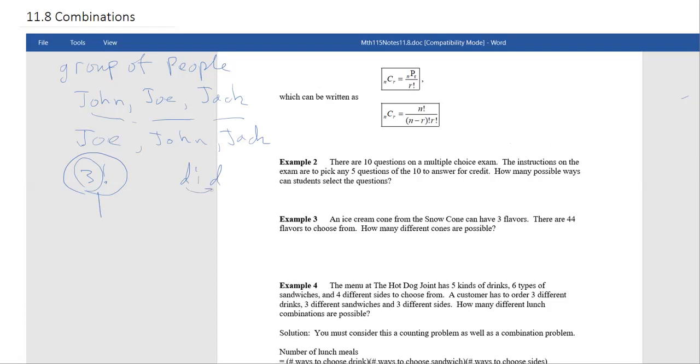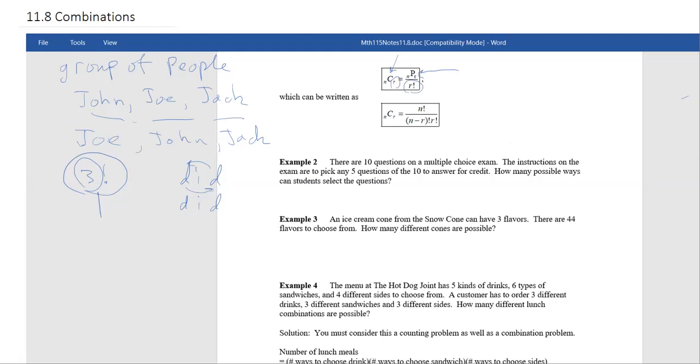It's like when we worked with the letters before, like the word DID. You interchange this D with this D and you get the same word. It doesn't matter which D is in which place. It's the same word. So in that sense, we're creating duplicates here. So we're going to take our permutations and divide out the number of items that you're actually trying to form this permutation with, the same R, now that we're calling it a combination.